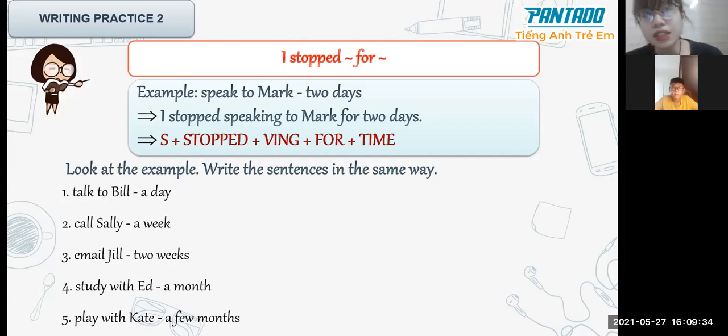And last lesson, do you remember the topic of the writing that we have learned? What is the topic? What are we going to write about? We are going to introduce the story.